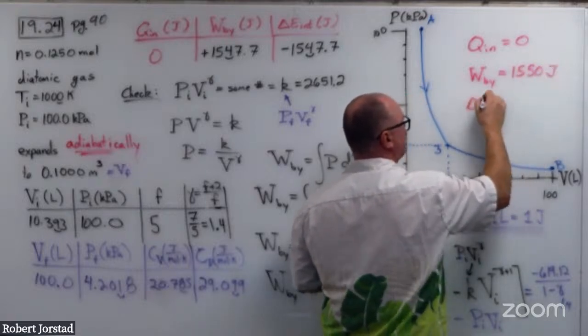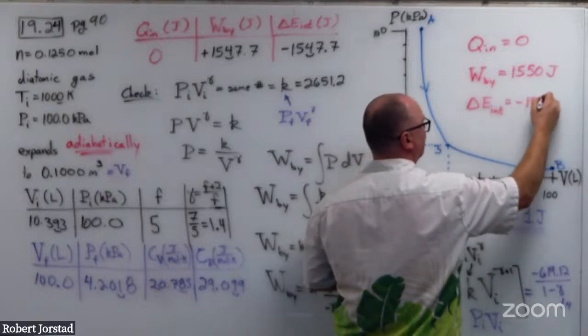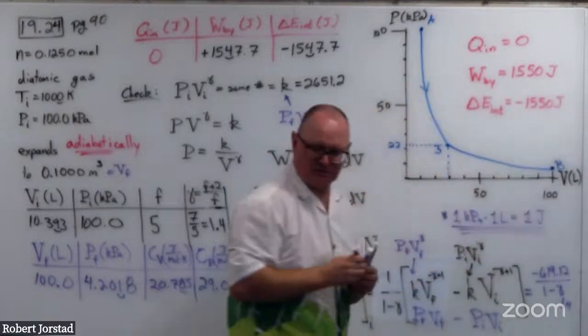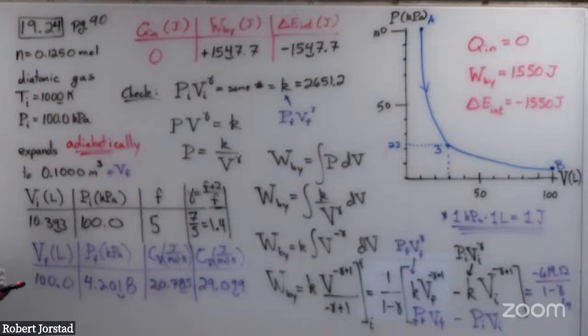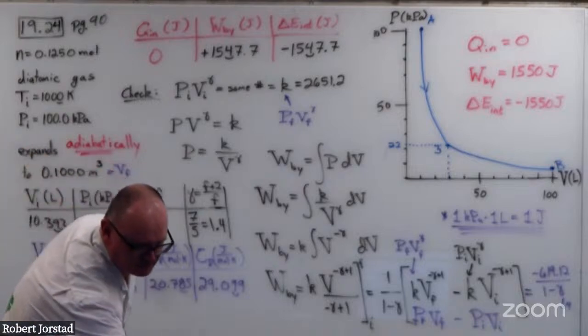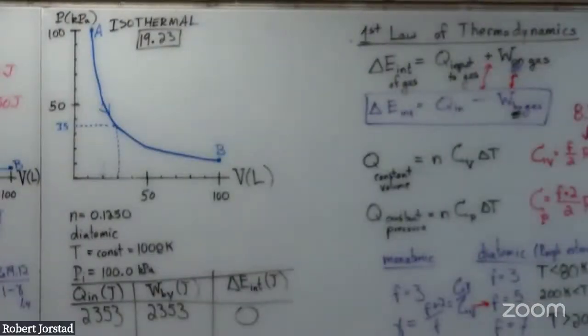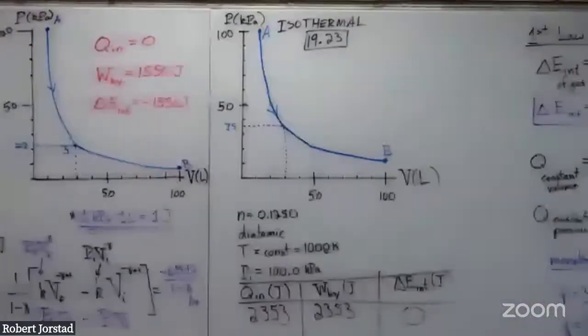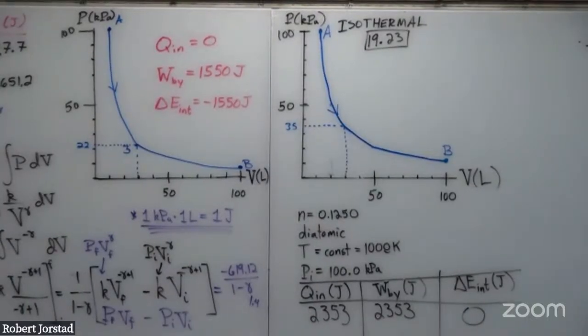And delta E internal was negative 1550. And then I'll just scoot the screen over so you can compare. Let me get out of the way. All right, so there you go.